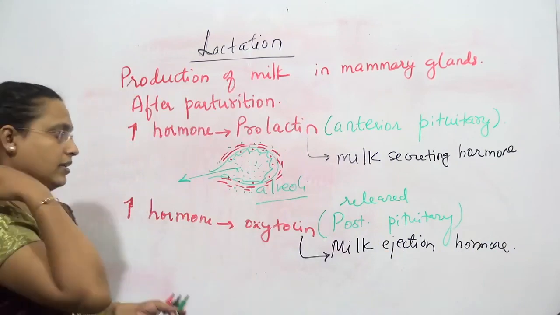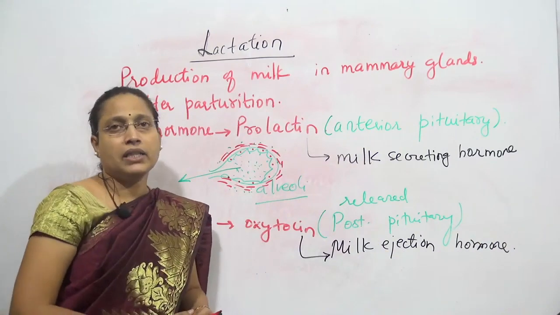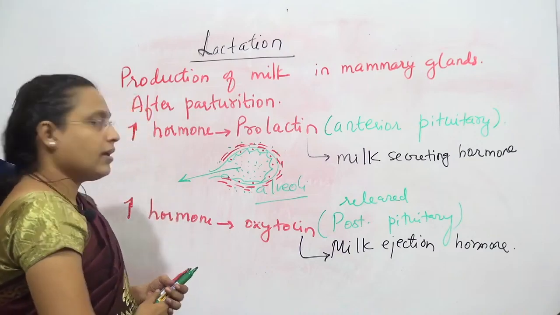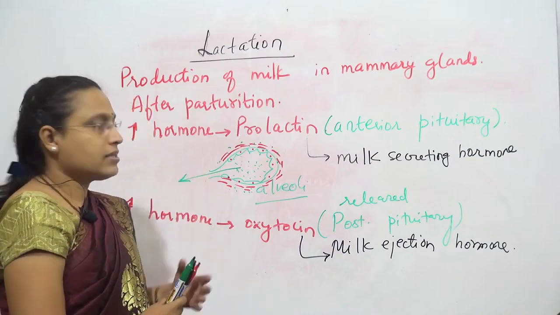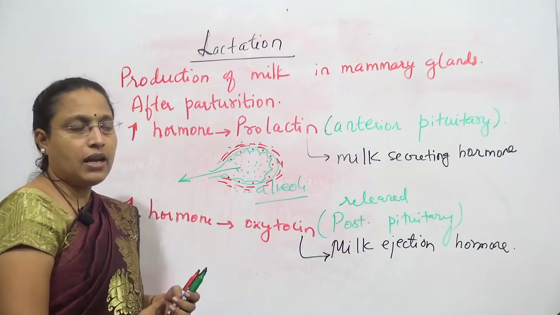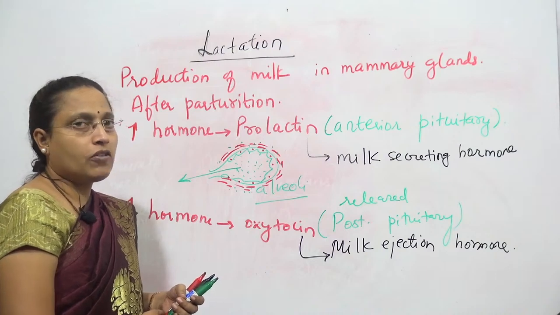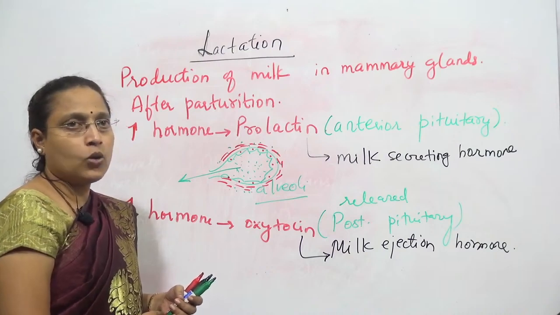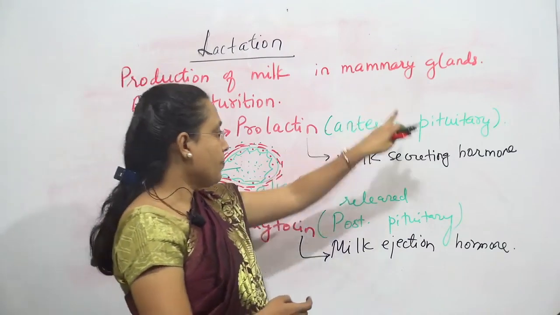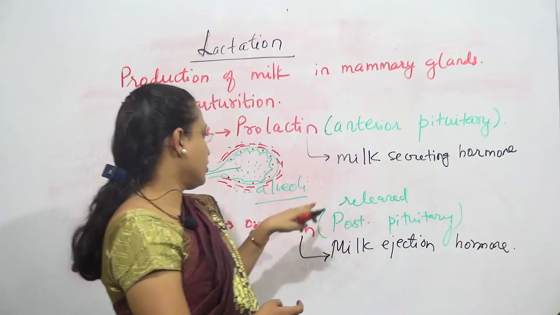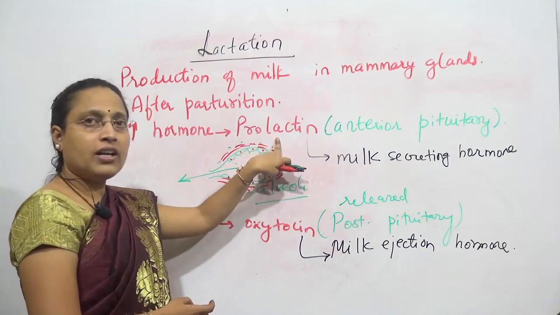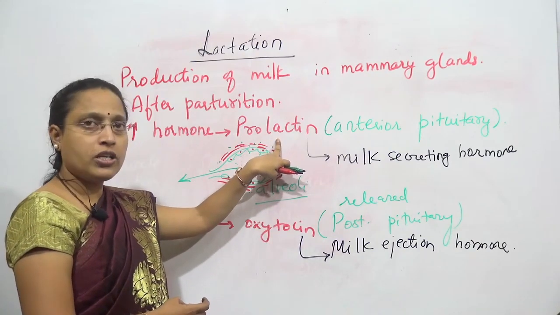Then, how is the pathway? In the areola as well as the nipples there is a supply of nerves; the nerve endings are there. So due to the suckling action of the baby, the nervous stimulus goes to the hypothalamus, and the hypothalamus starts secreting oxytocin. The anterior pituitary also gets stimulated to produce prolactin.